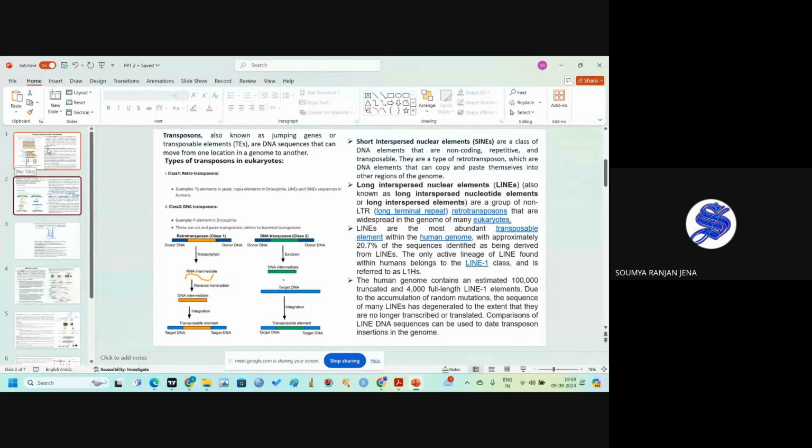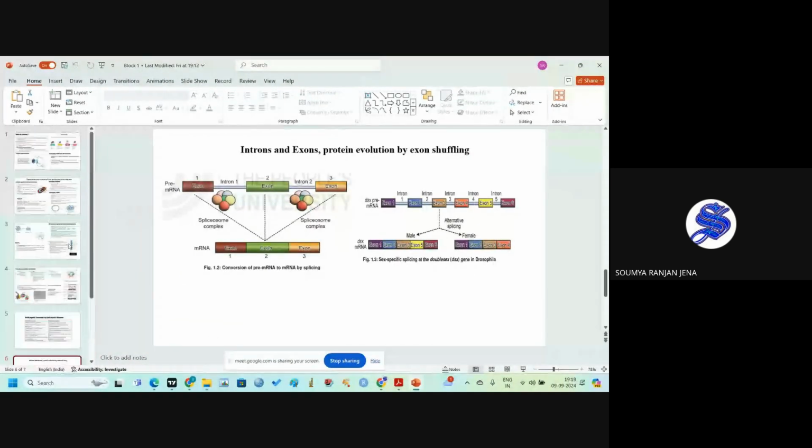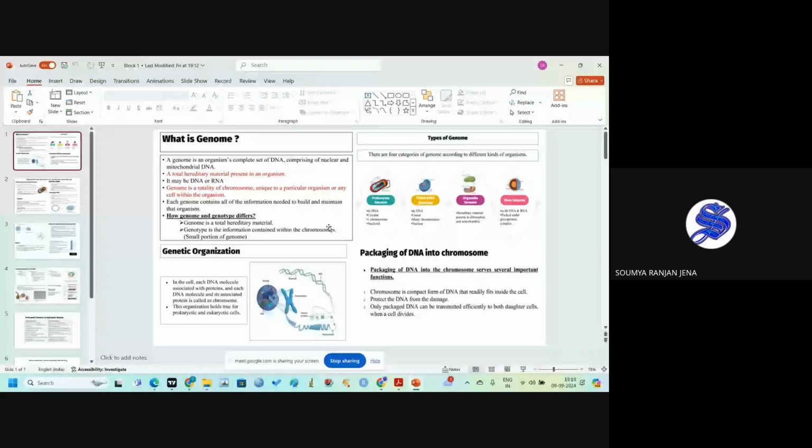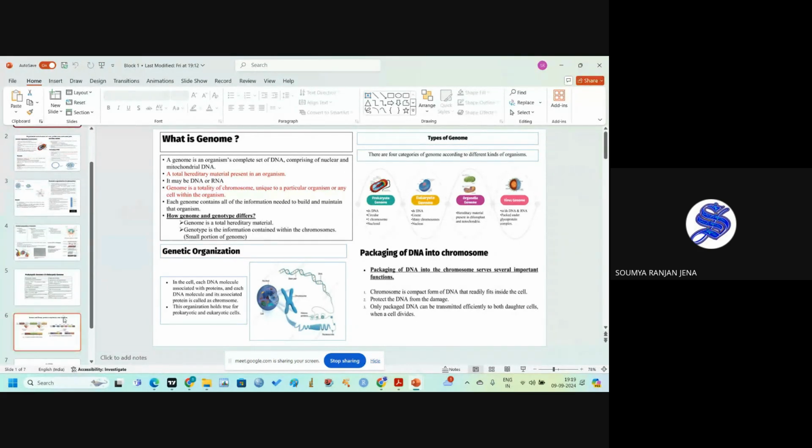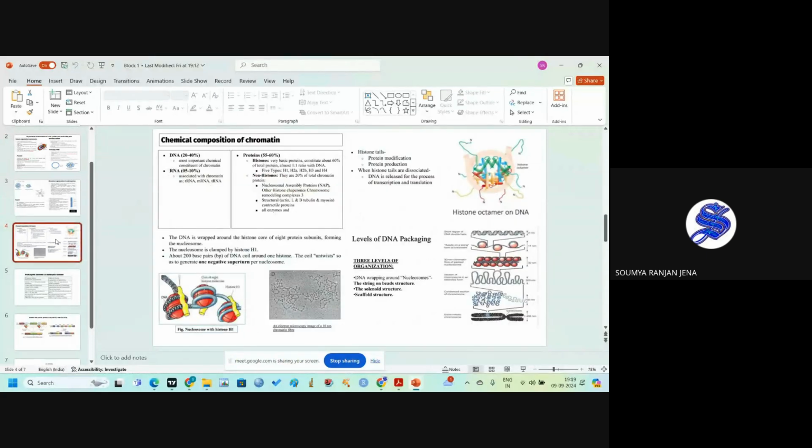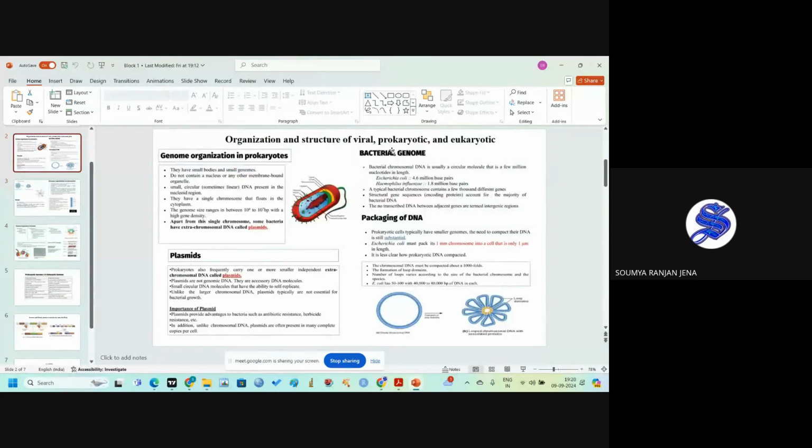For this we have to know the basics of the genome. Previously also we discussed the genomes of all prokaryotes and eukaryotes, and these we can study by genome analysis techniques like next generation sequencing. We can use different next generation sequencing for this particular genome analysis of different prokaryotes and eukaryotes.